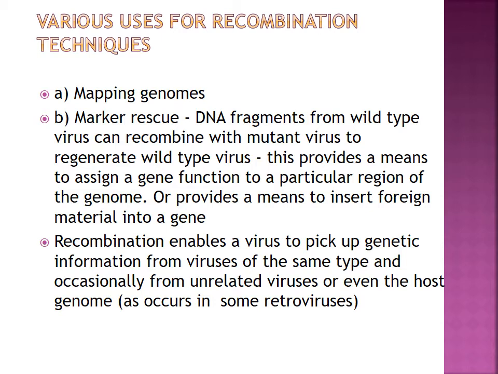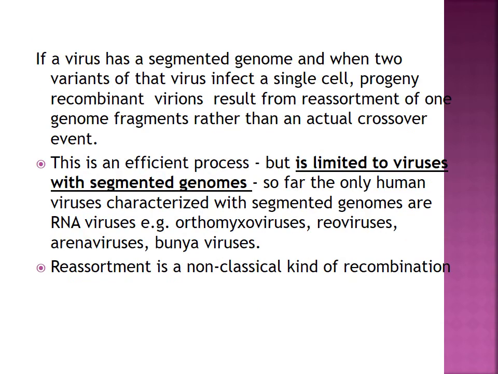Recombination also enables a virus to pick up genetic information from viruses of the same type, and occasionally from unrelated viruses or even the host genome, as occurs in some retroviruses. If a virus has a segmented genome, and two variants of that virus infect a single cell, the progeny recombinant variants will result from reassortment of genome fragments rather than an actual crossover event.